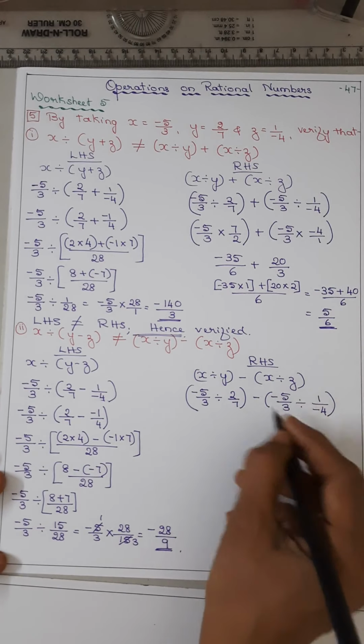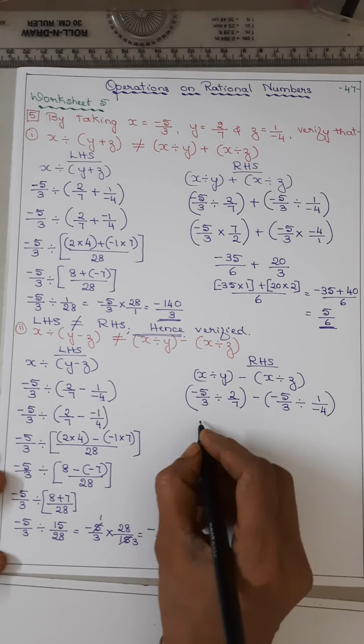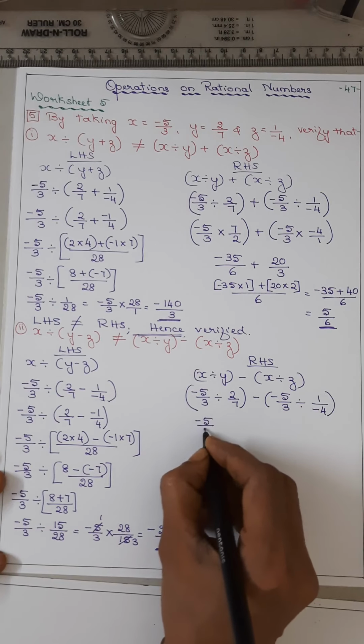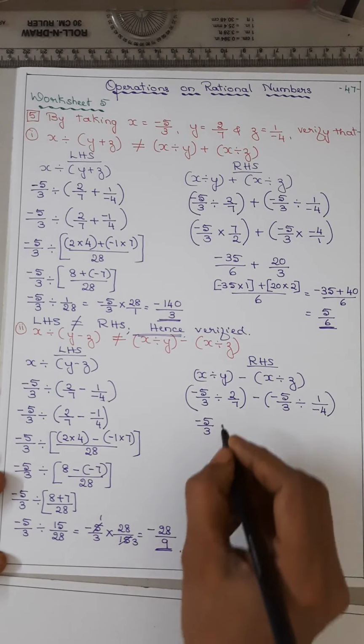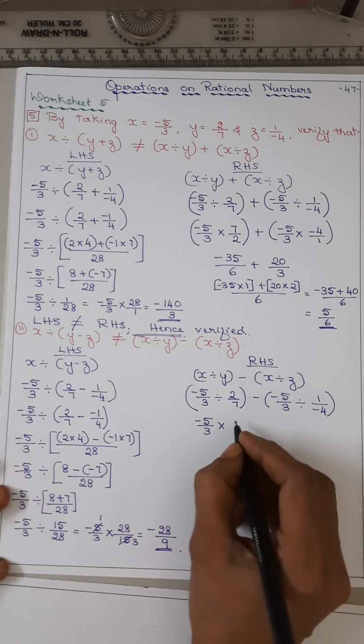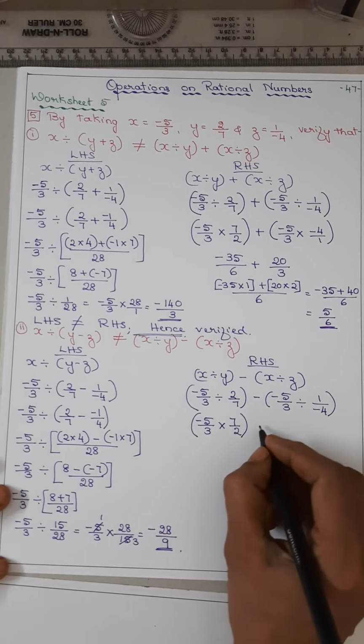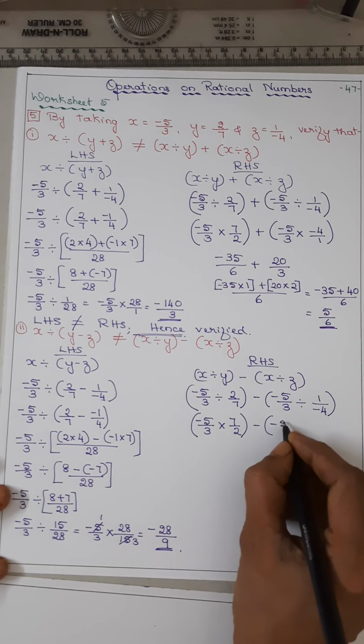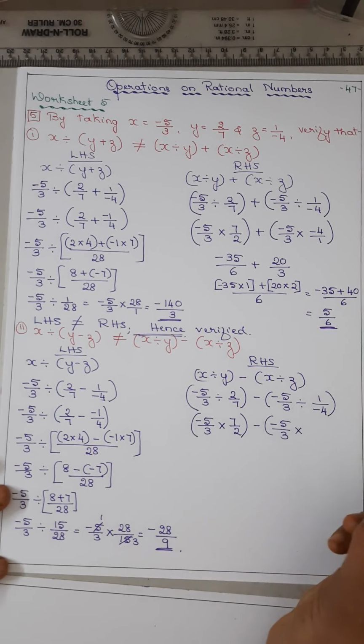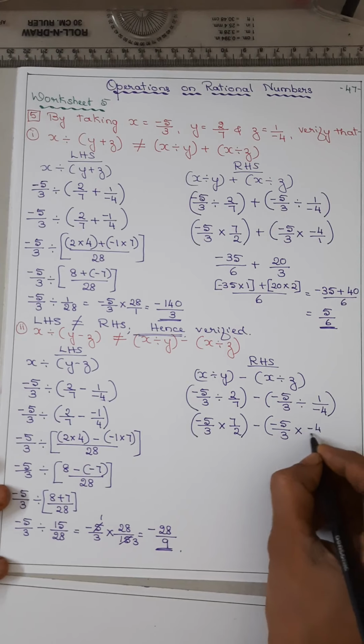Now the bracket first. So minus 5 by 3, division, what do we do? Change into multiplication sign, write the reciprocal. Minus 5 by 3, change the sign, write the reciprocal.